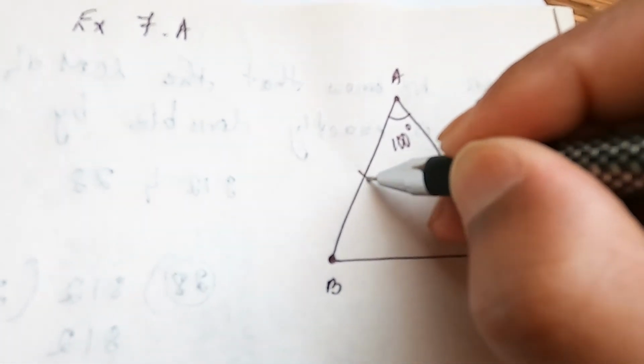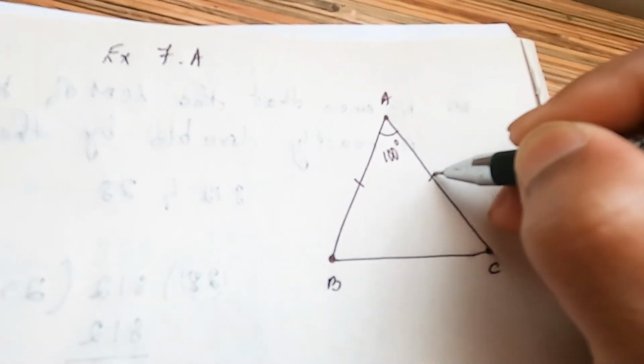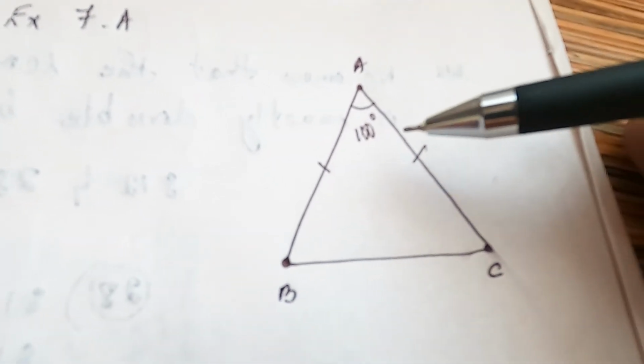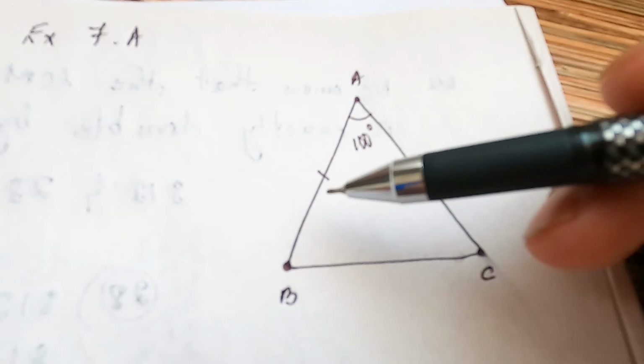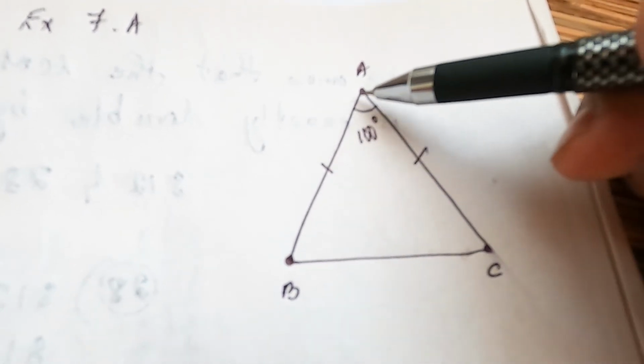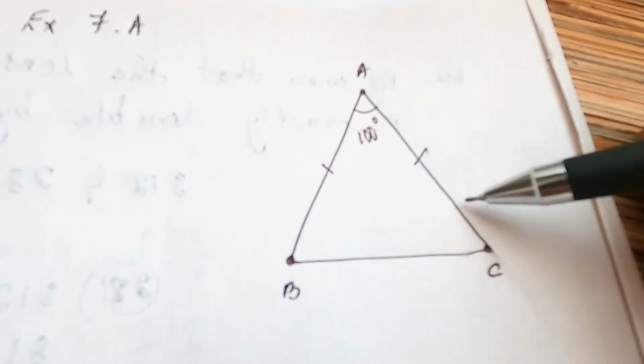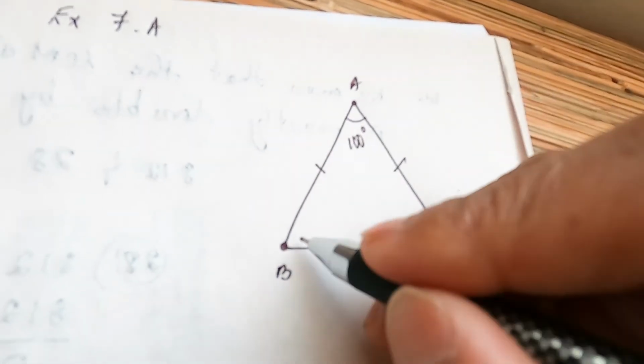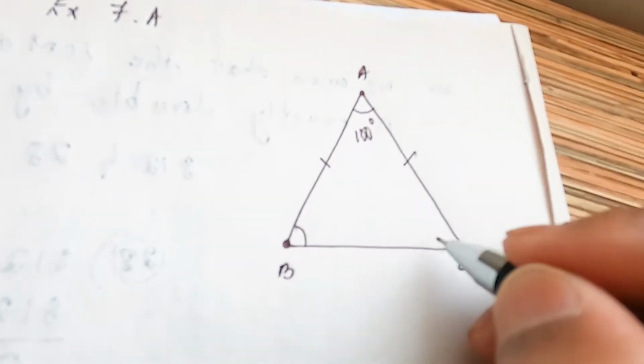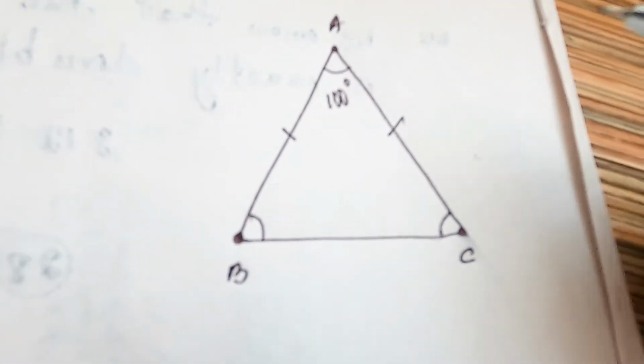The other condition is that AB is equal to AC. So this is theorem number 2. If the two sides are equal, we can say that angle B is equal to angle C.